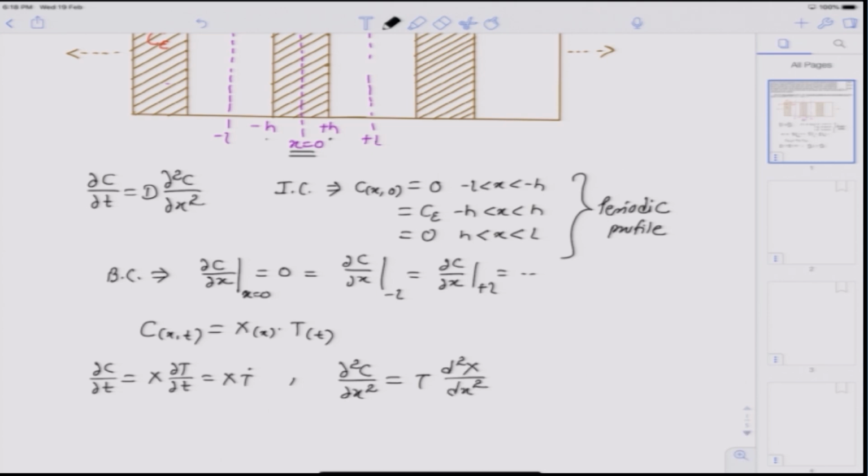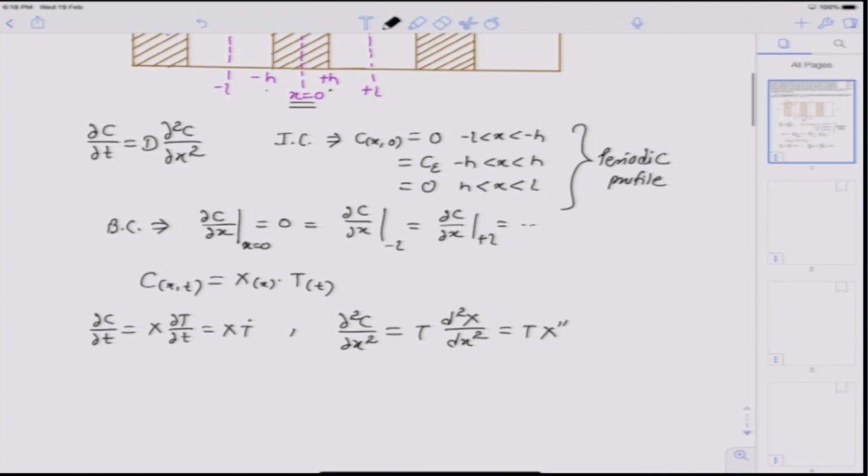Again, X is only a function of the distance coordinate x. So, we can replace ∂²X/∂x² with d²X/dx², and this we write as T times X double prime. So, if we substitute in the diffusion equation here, we get X T dot is equal to D times T X double prime, which yields, if we rearrange, T dot over DT equal to 1 over X times X double prime.